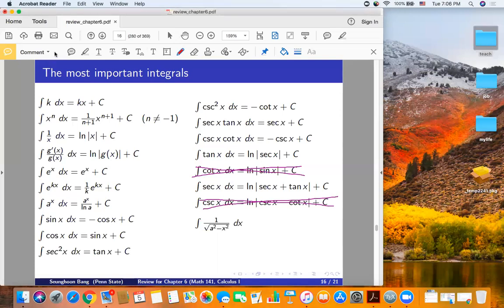The next integral, 1 over the square root of a squared minus x squared dx, should be memorized: inverse sine of x over a plus c. The integral of 1 over a squared plus x squared dx is 1 over a times inverse tangent of x over a plus c. So memorize these most important integrals before the midterm exam.